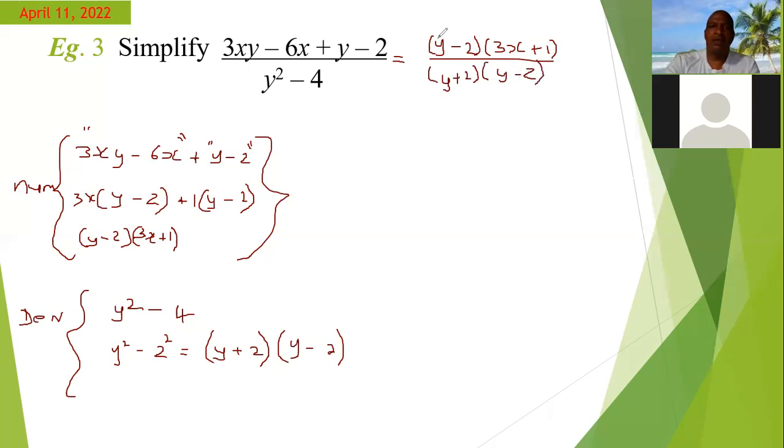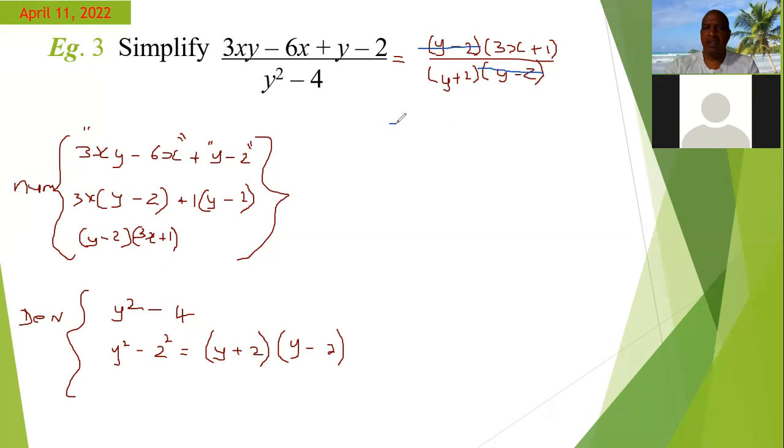All right, so now can we factorize anything? Sorry, not factorize. Can we cancel anything? Yes, sir. All right, so what can be canceled? y minus 2 with y minus 2. All right, so we cancel y minus 2 with y minus 2.